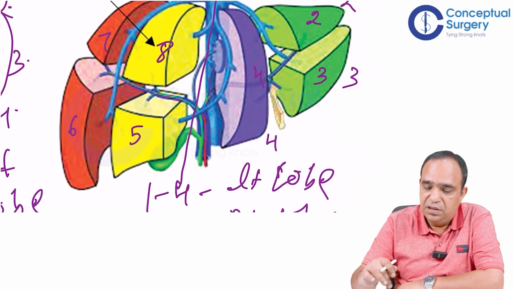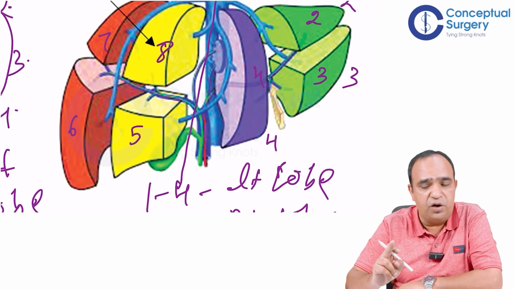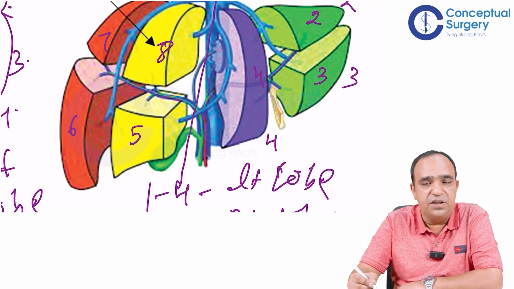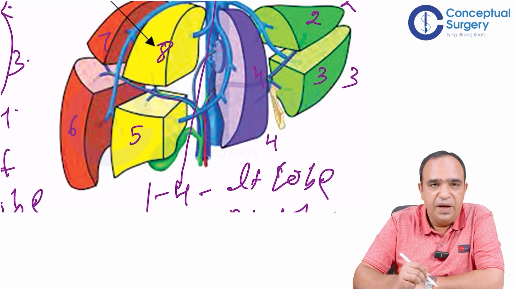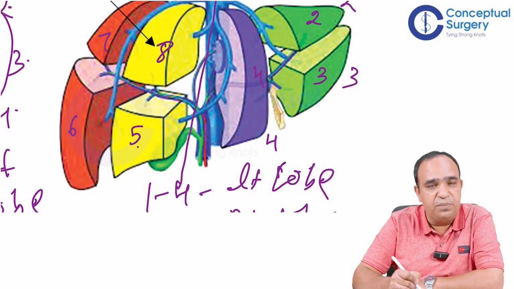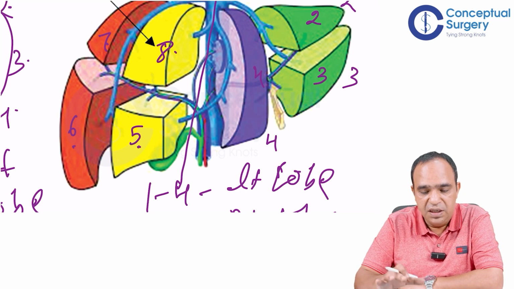So both the segmentation, left lobe and right lobe, you have to follow the clock. And since 2 is at the top, we'll start from here for the left lobe, 2, 3, 4. And for the right lobe, because 5 is at the bottom, we'll start with the bottommost, that is 5, 6, 7, 8. So this is how we do the segmentation.